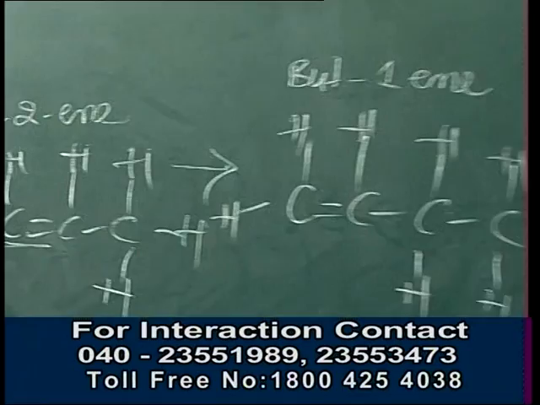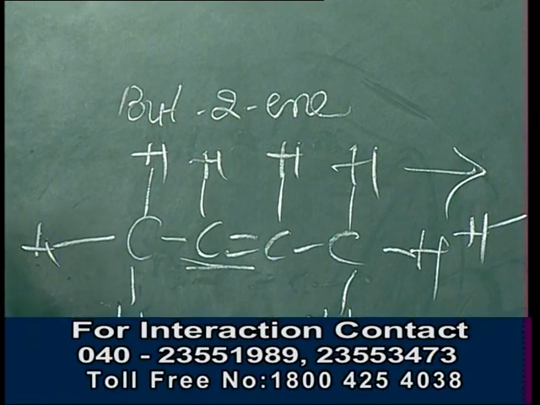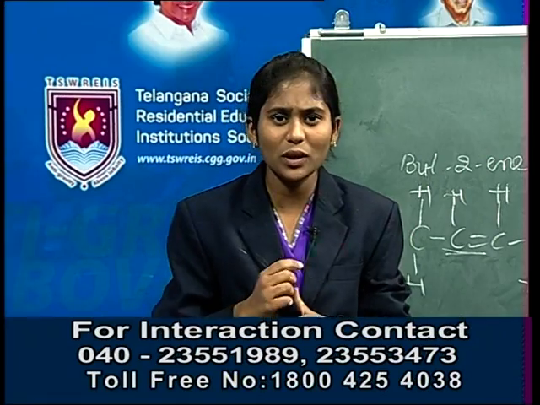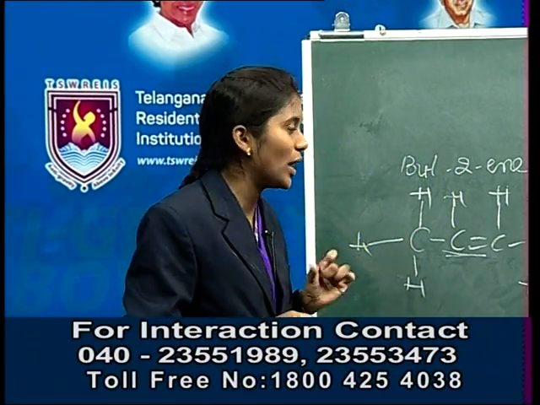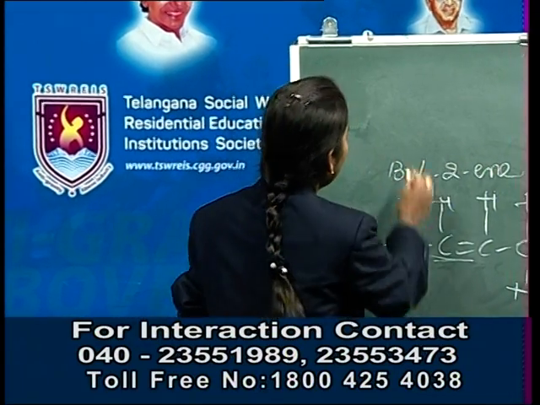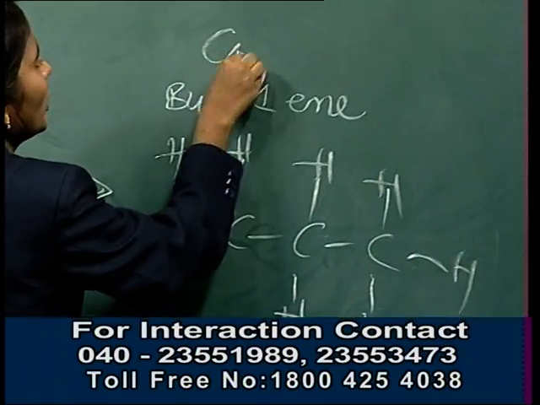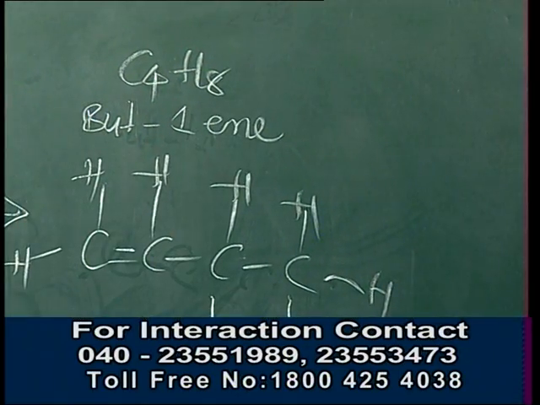Here we can put the double bond in front of the second carbon, that's why we call it but-2-ene. So friends, this is but-1-ene and but-2-ene, nothing but a change of position, with the molecular formula the same. Here how many carbons? C4, H8. Here also the molecular formula is C4, H8, but the position is changed.